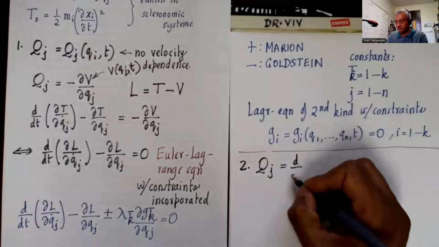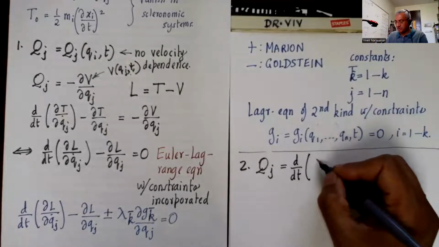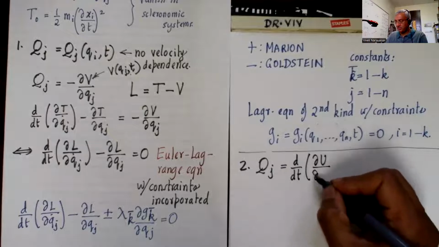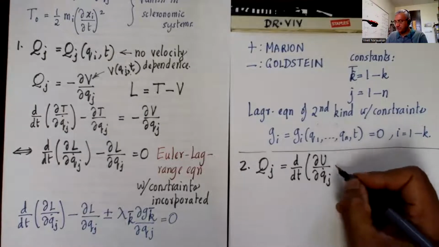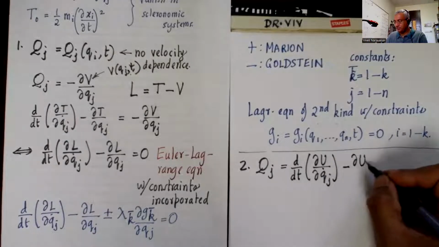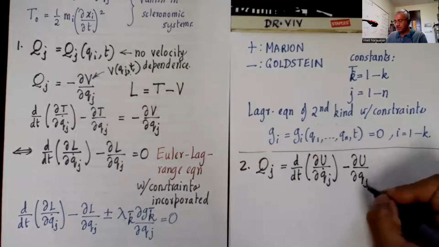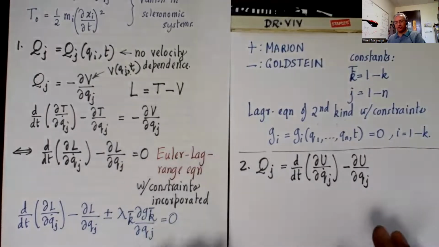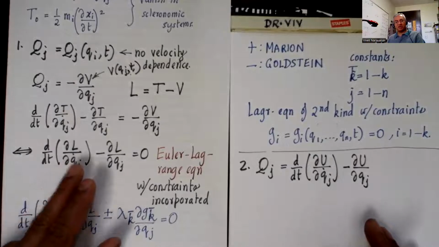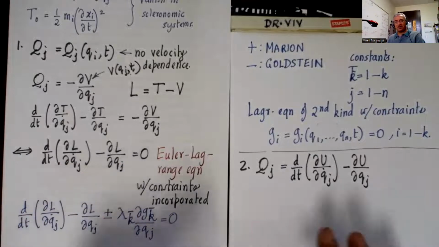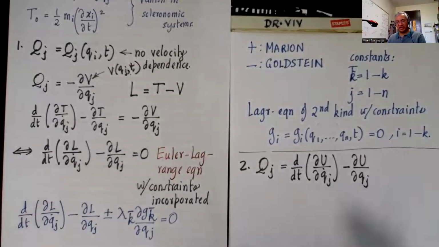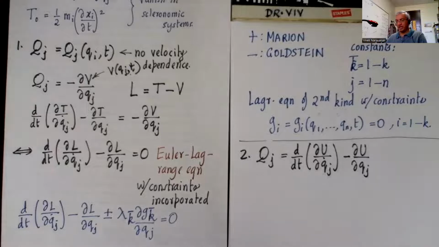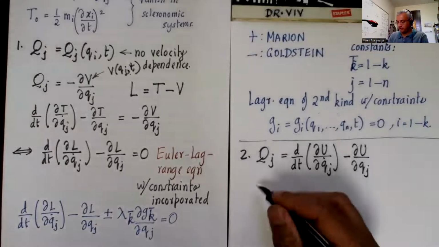So we'll write it like this: d by dt del U over del Qj dot minus del U over del Qj. You'll notice how closely this mimics the Euler-Lagrange equation itself. So this is considered a very general way of writing the generalized force. U here has a special name, it's called the internal energy of the system.